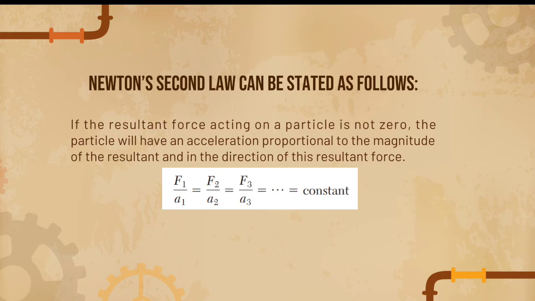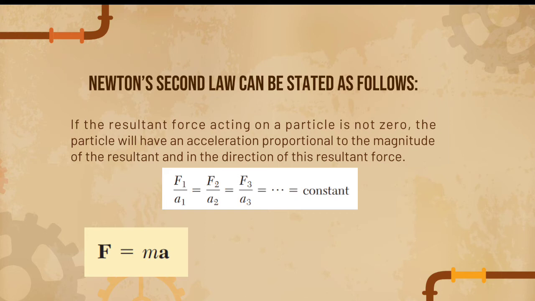The constant value obtained for the ratio of the magnitudes of the forces and accelerations is a characteristic of the particle under consideration. It is called the mass of the particle and is denoted by m. When the particle of mass m is acted upon by a force F, the acceleration of the particle must therefore satisfy the relation F is equal to m times a.